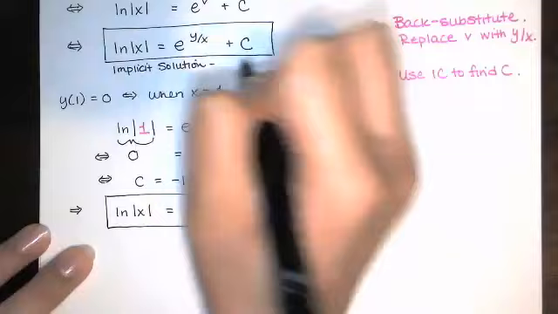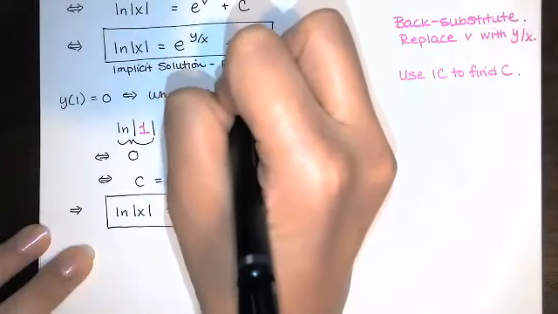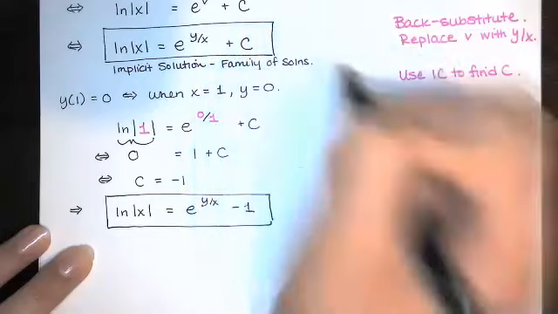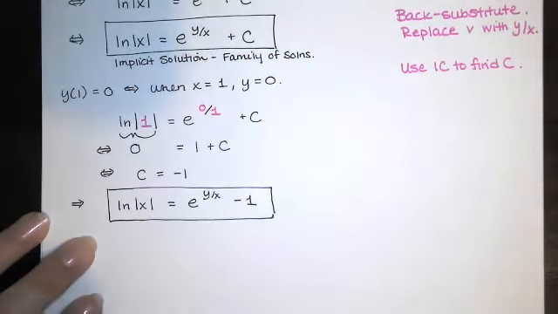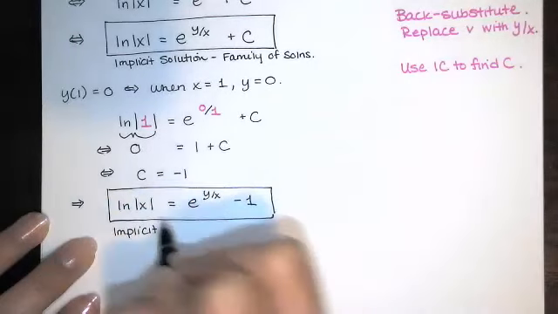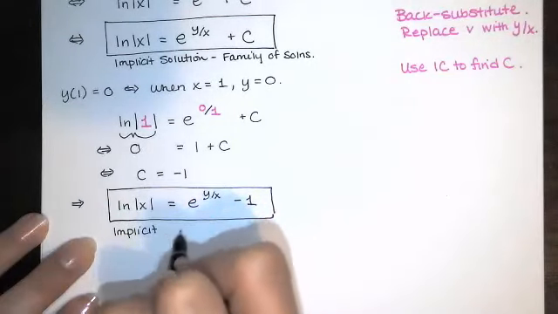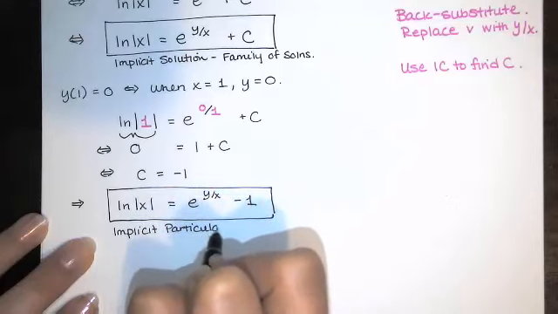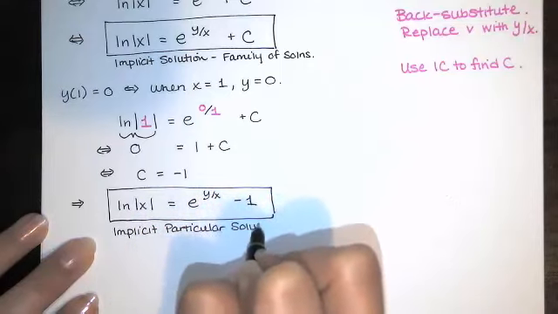This is an implicit solution, and it's a family of solutions to the differential equation. This is an implicit particular solution. Implicit because we haven't gotten y by itself yet. Particular because it doesn't have any arbitrary constants in it.